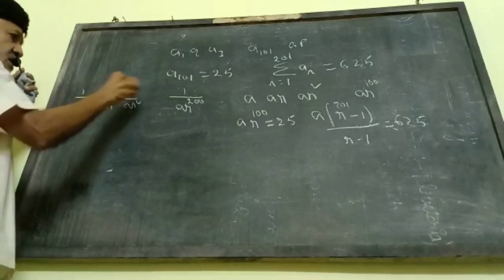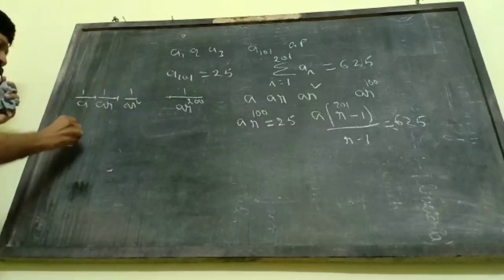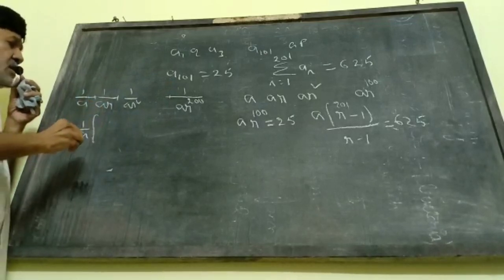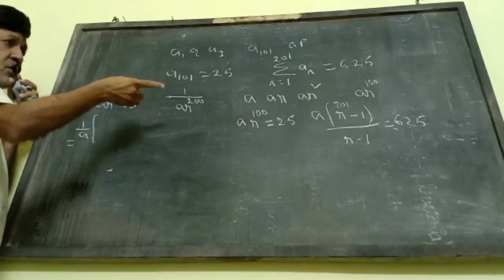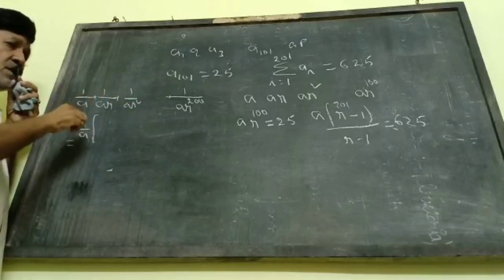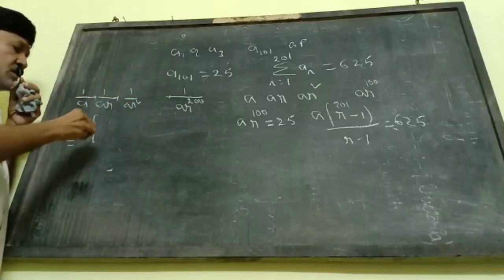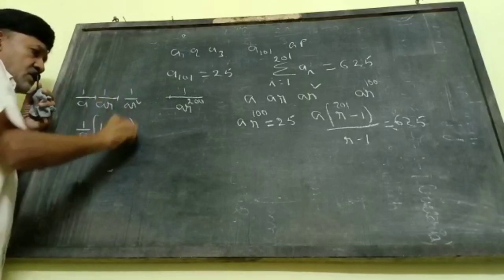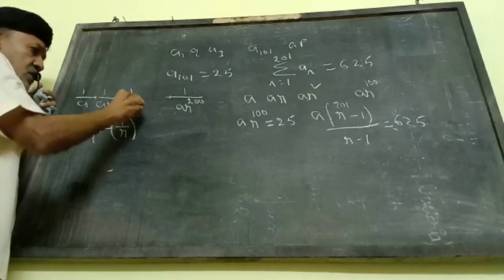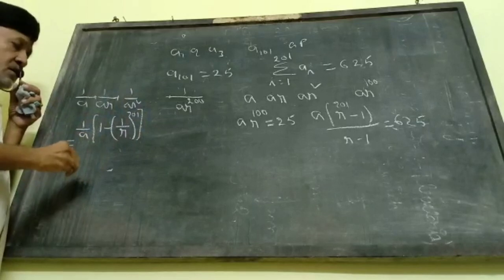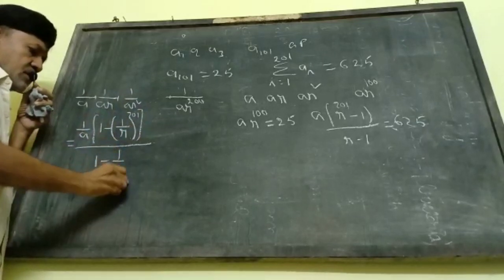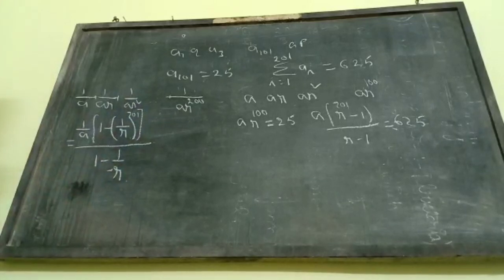Assuming R is greater than 1, 1 by R will be less than 1. So I will write 1 by A into 1 minus 1 by R to the power of 201, by 1 minus 1 by R. Understood?